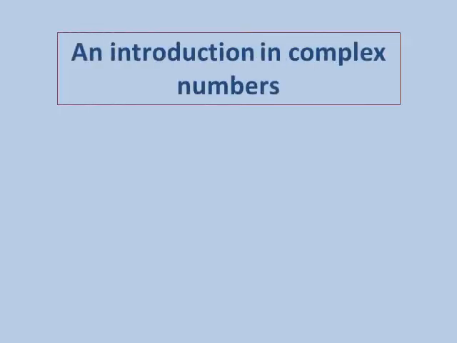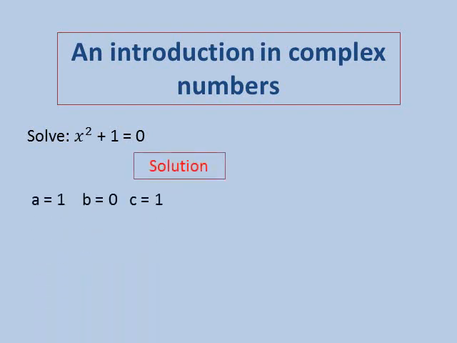Now we will start the first lesson in secondary 1, which is an introduction to complex numbers. We will discuss the example of solving the quadratic equation x² + 1 = 0. As we learned before, a = 1, b is the coefficient of x, there is no x, so b will be 0, c, the free term, is positive 1.